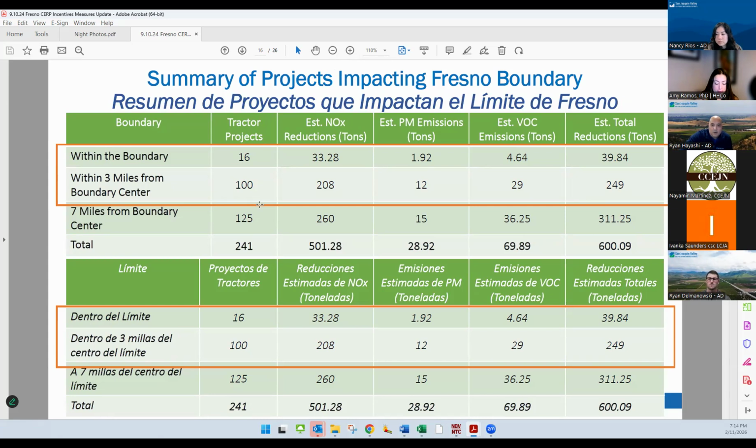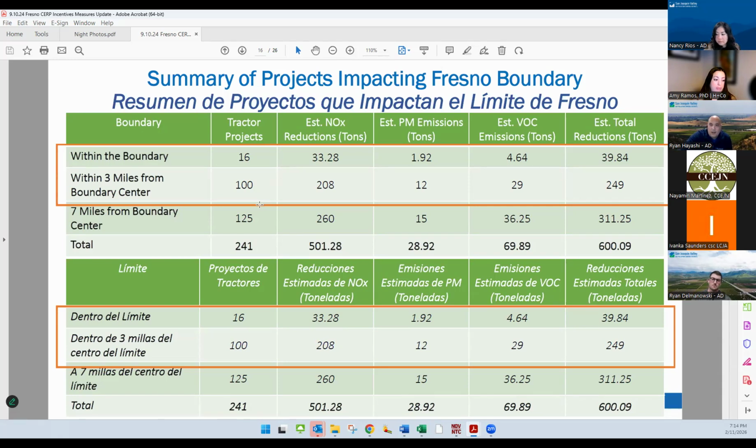And so we had what we call the emission reduction benefit zone because, as you're all familiar, the emissions that get generated don't just stay within that one area. They do move along with the air. And so, if we get emission reductions from just slightly outside the boundary, those emission reduction benefits are seen within the boundary.